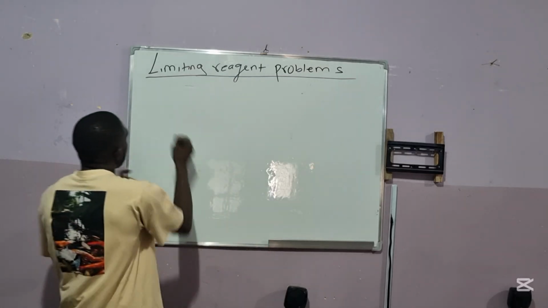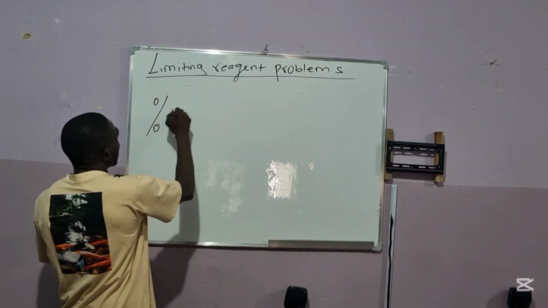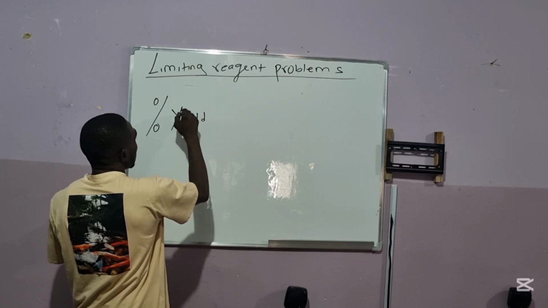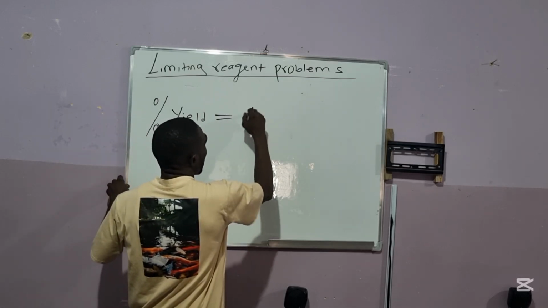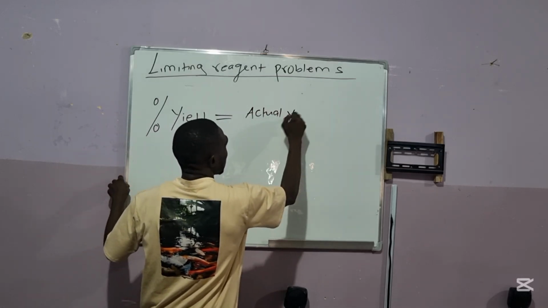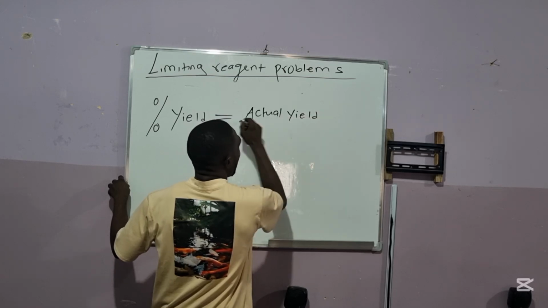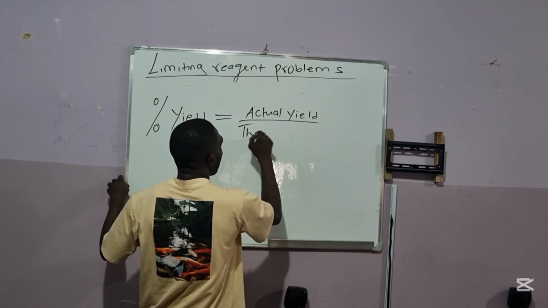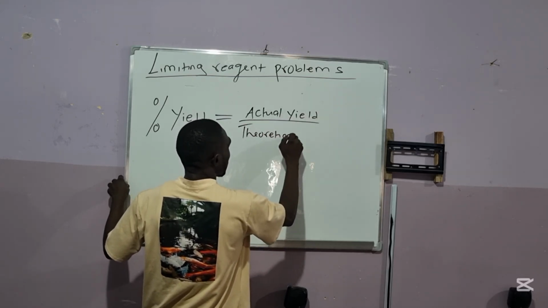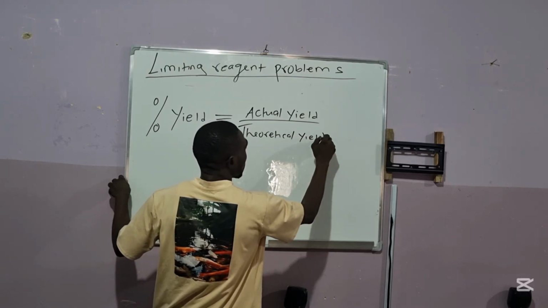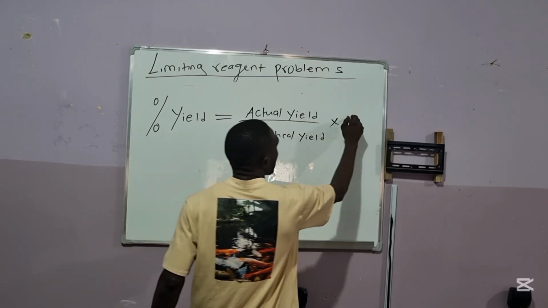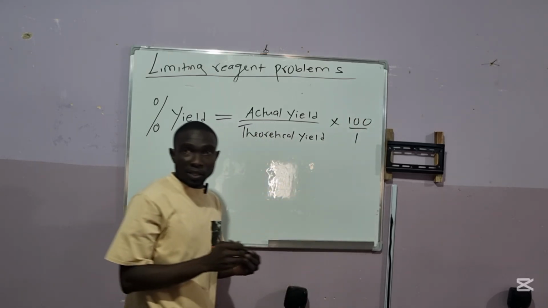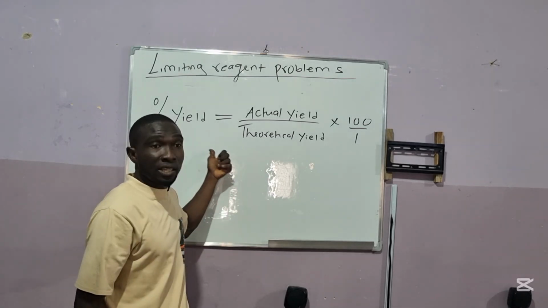My percentage yield is equal to the actual yield over the theoretical yield times 100. You see that? So that is the percentage yield.